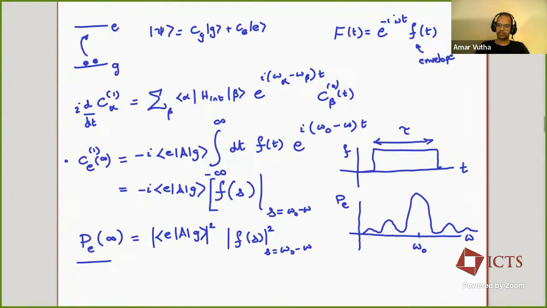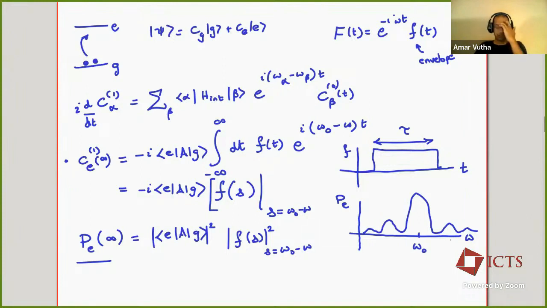Okay, and in fact, this is exactly what you get. This is the excitation profile for a square pulse. You may have seen the solution derived in other ways, but I always find it really remarkable that underneath it all, there's just a very simple Fourier transform relation hiding in there. So if you know your Fourier transforms, or if you can sketch your Fourier transforms, you can get the spectroscopic line shape pretty easily.